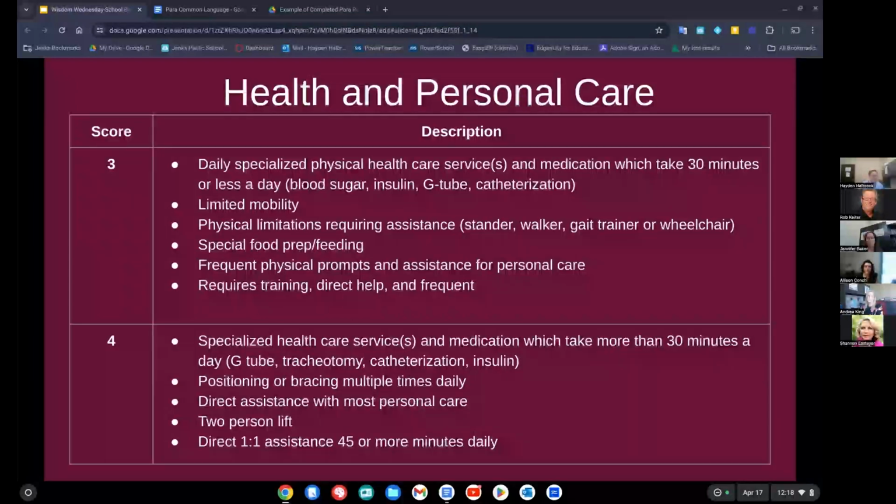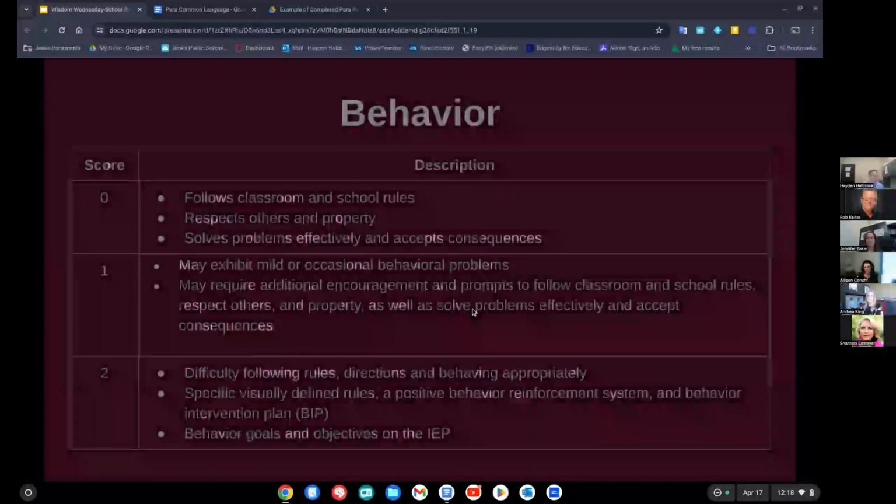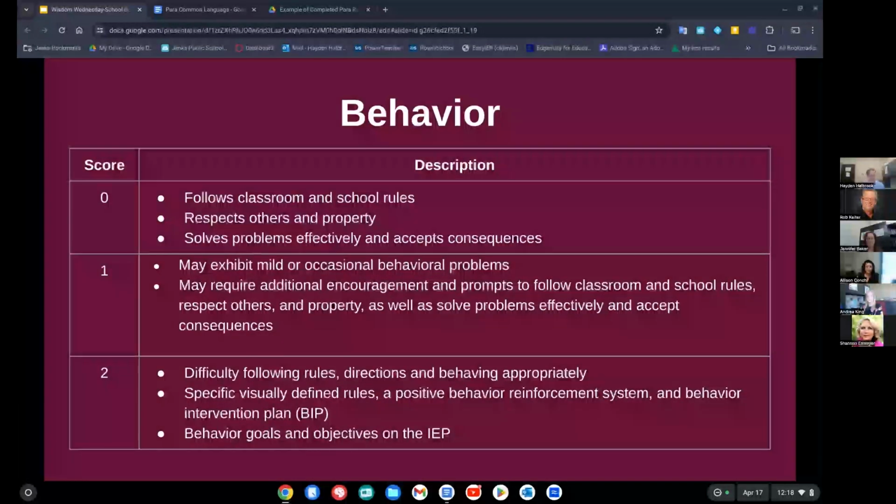So, it's a variety of adult support, but we're trying to essentially assess what level of adult support beyond the SPED teacher this student is going to need. Specifically for this health and personal care? At least in this domain. Does that answer your question? It does, thank you. All right, brilliant.